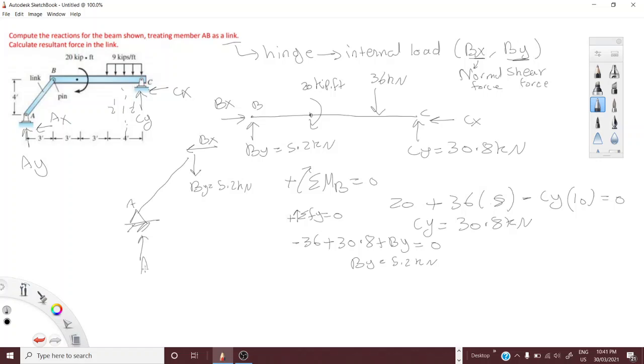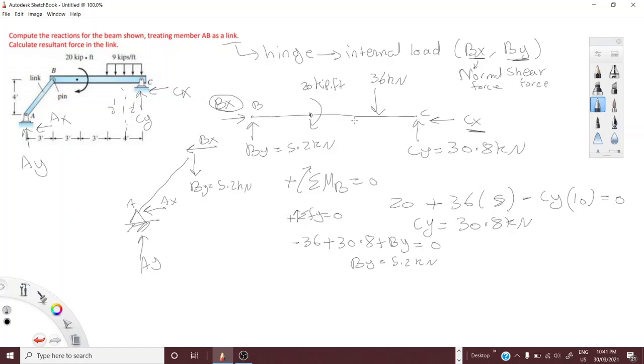And you have here Ay and Ax. Can we find the summation of Fx in order to find Bx or Cx? Well, actually we can't in this part. We need to go to the other link in order to find Bx. From there we can flip the sign and get Cx easily.